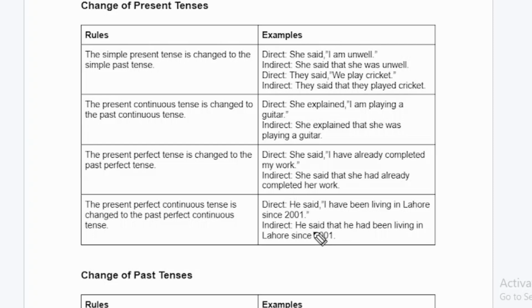"Said" is there, we added "that," we changed the pronoun "I" to "he," and we changed "have" to "had." "Been" is the same, and "living" is there because both tenses are perfect continuous. "In Lahore since 2001" are the same.